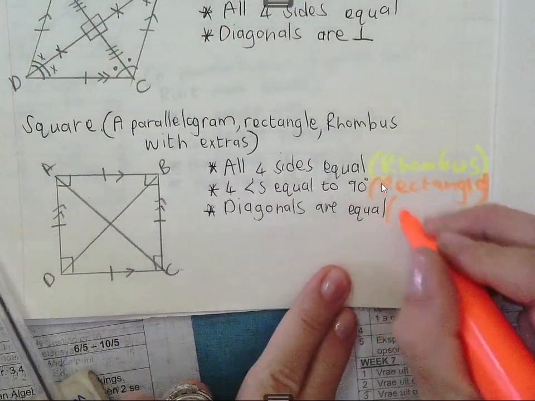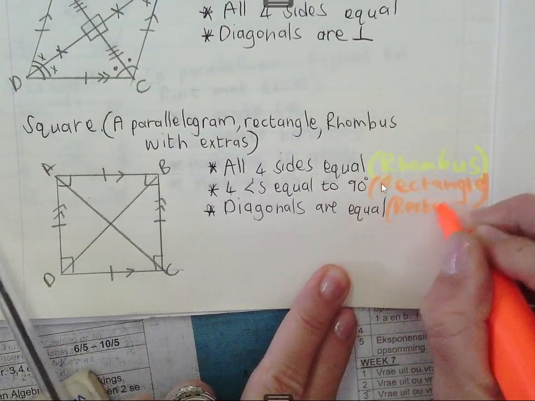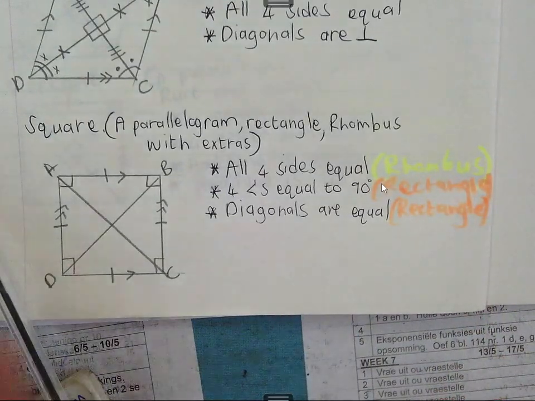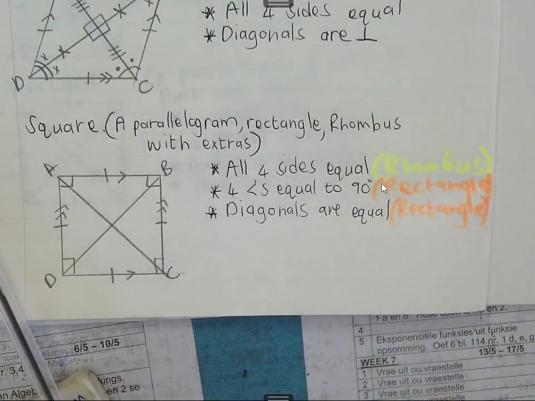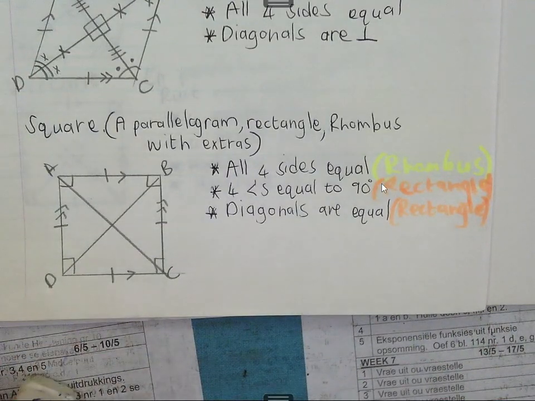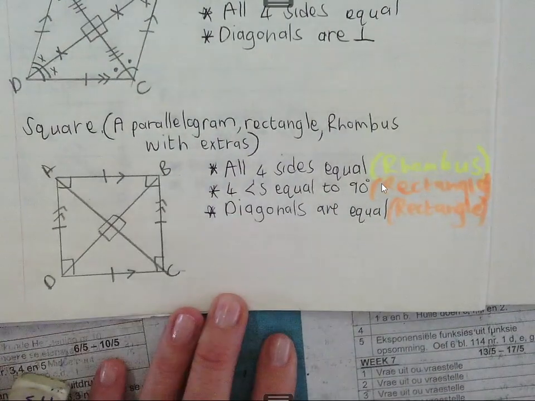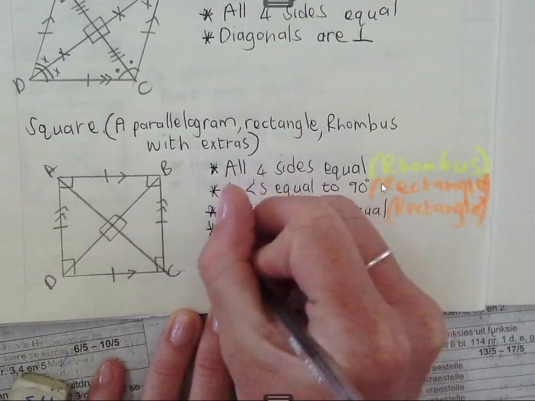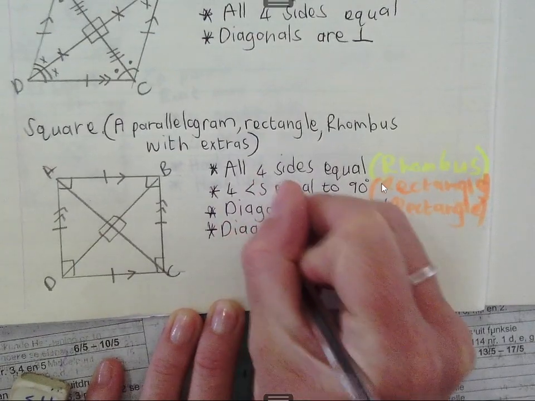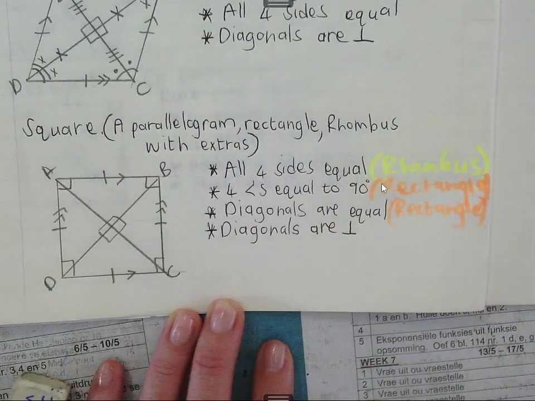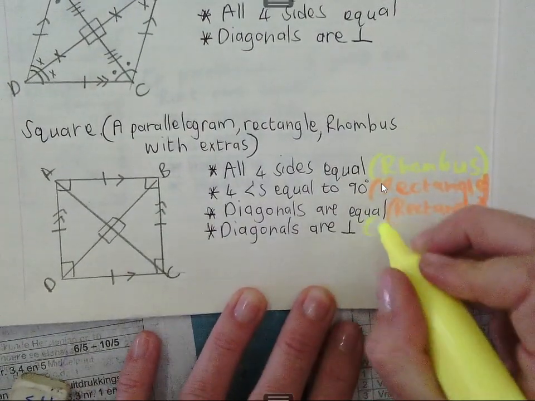Rectangle. So proving the diagonals are equal, you're not proving a square, you're proving rectangle. Do you see something else there that's special about the diagonals? They are also perpendicular to each other. Who else has got that property? Rhombus. So that's a property of a rhombus.